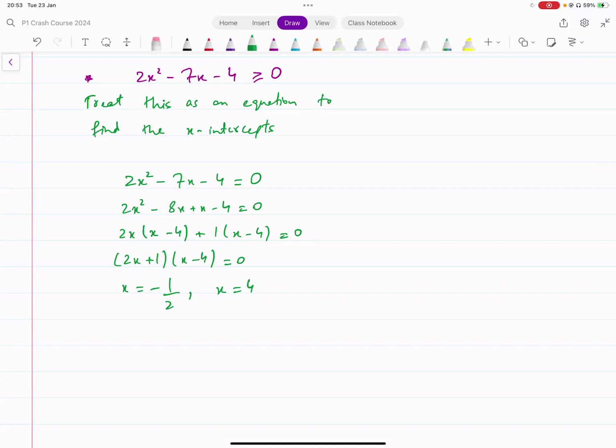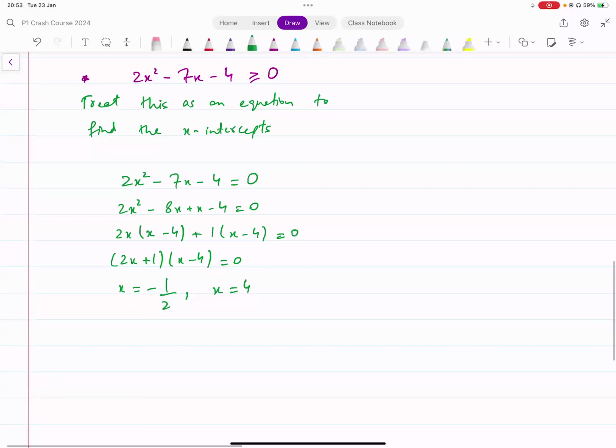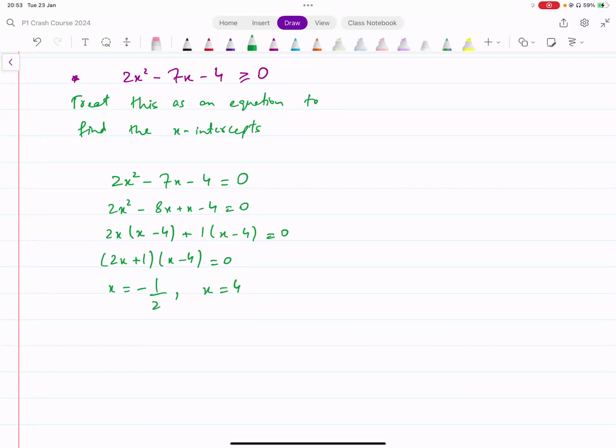Now, these are the two x-intercepts that you have. Now what you can do is draw a rough sketch of this function. It's a U-shaped graph, right? That means it's going to look like this. Roughly, that's going to be the shape.